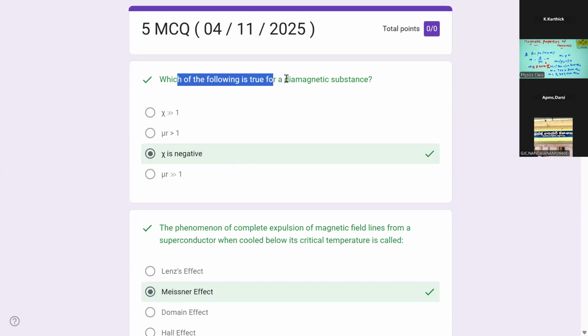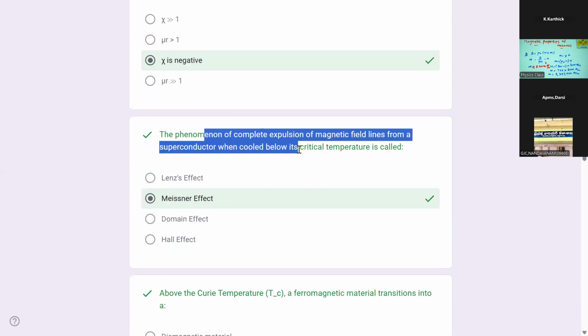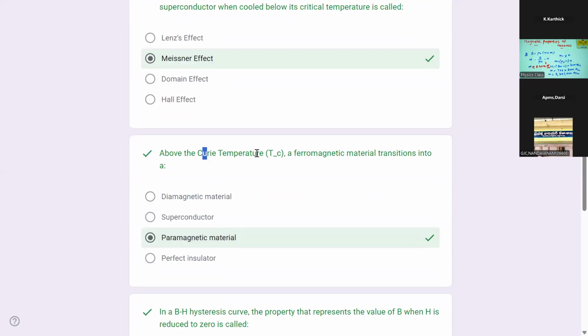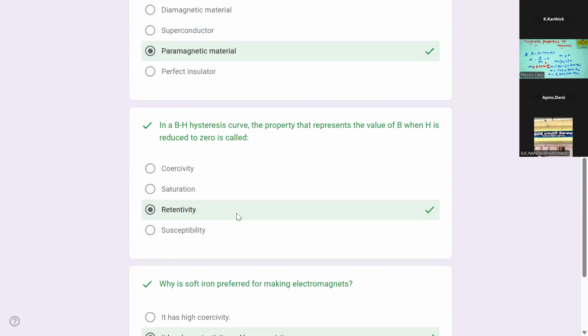Which of the following is true for a diamagnetic substance? Psi is negative. The phenomenon of complete expulsion in a superconductor is the Meissner effect. Above the Curie temperature, the ferromagnetic material transitions to a paramagnetic material. Remember that. For the fourth question, many students gave the correct answer.